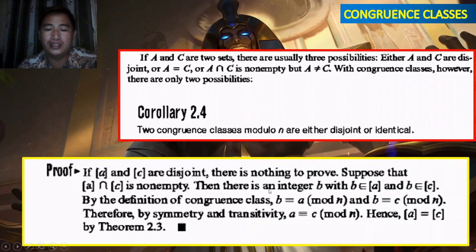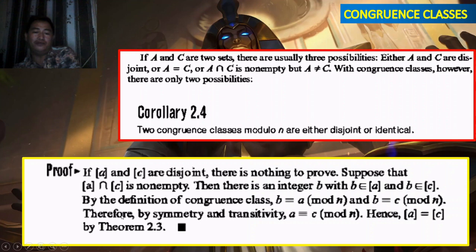Then there is an integer b with b an element of A and b an element of C. By the definition of congruence class, b is congruent to A mod n, and b is congruent to C mod n.